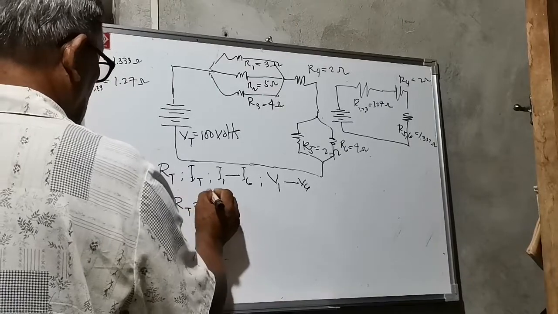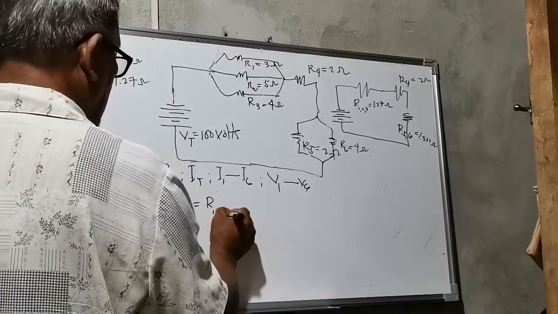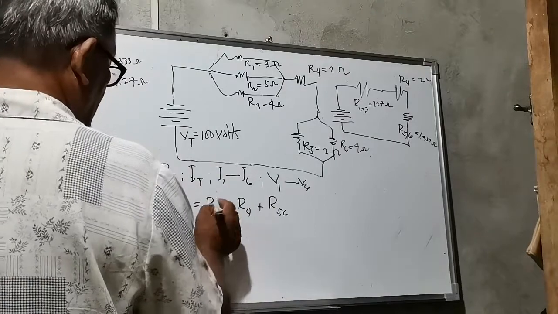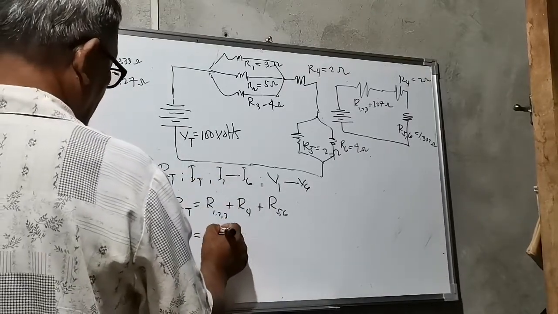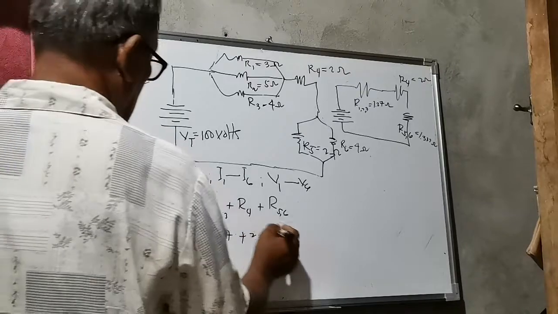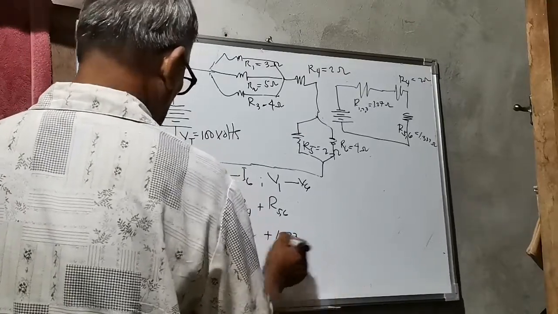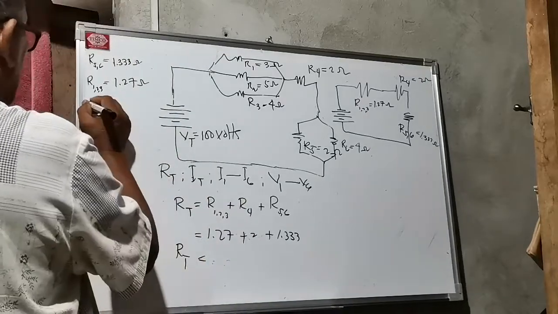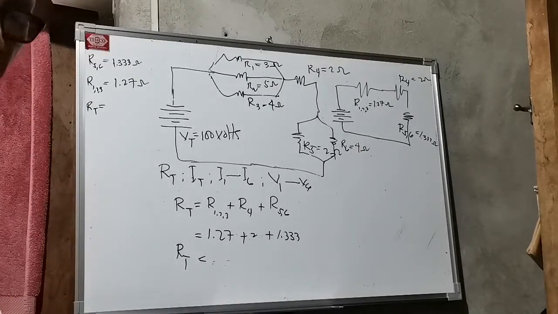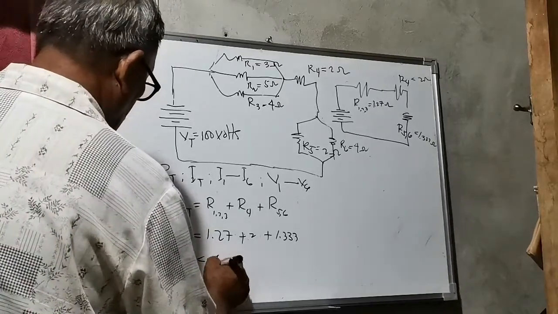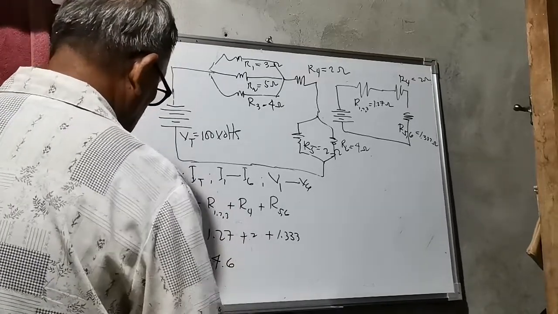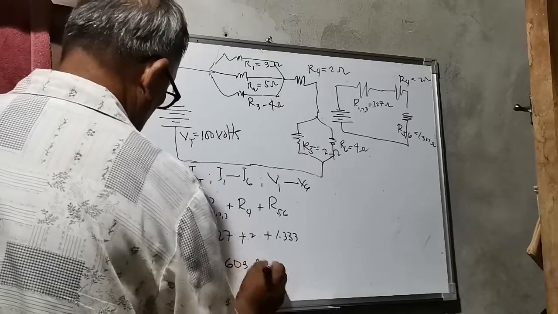Therefore, R total is equal to R123 plus R4 plus R56. R123 is 1.27, plus R4, 2, plus R56, 1.333, will give us a total resistance of 1.27 plus 2 plus 1.333, which is 4.603 ohms. That is the total resistance.